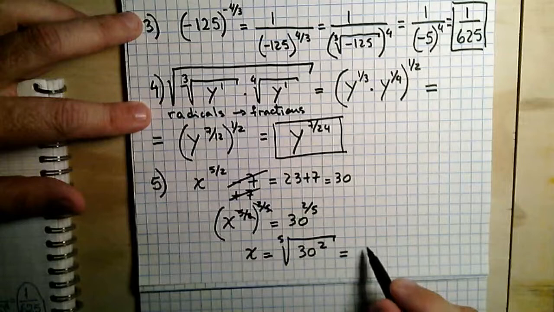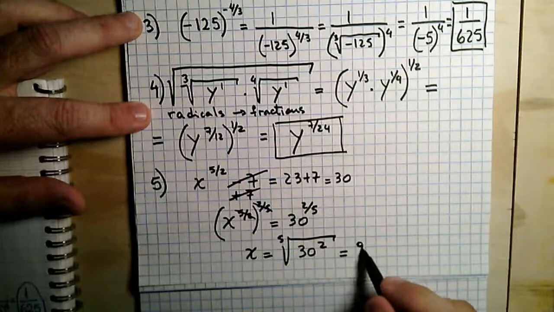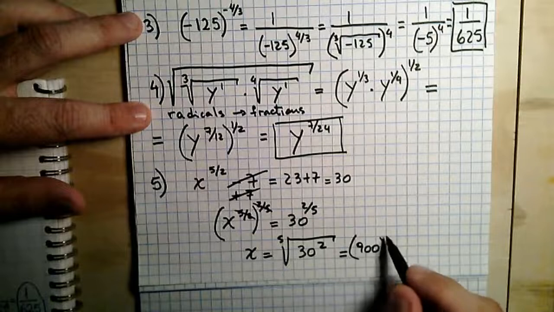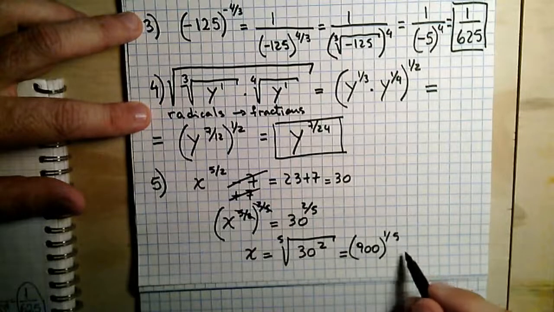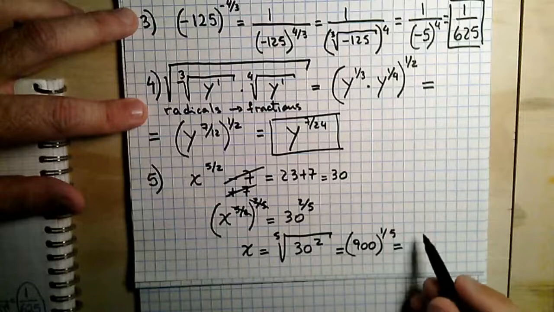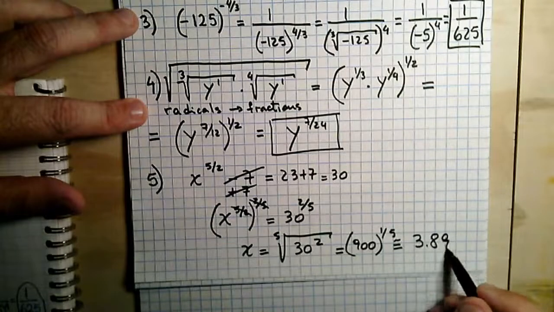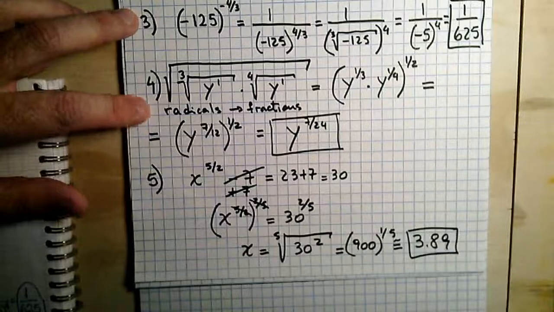So this is going to be 900 to the power of 1/5, which if you do this with a calculator, is approximately equal to 3.89. So this is the value for x.